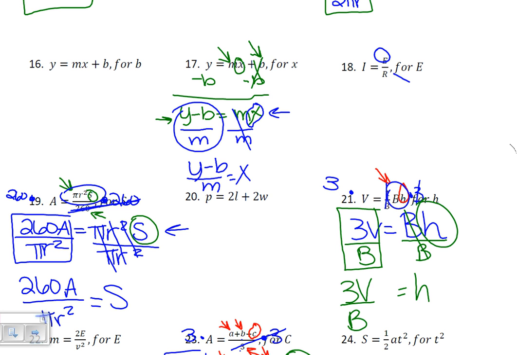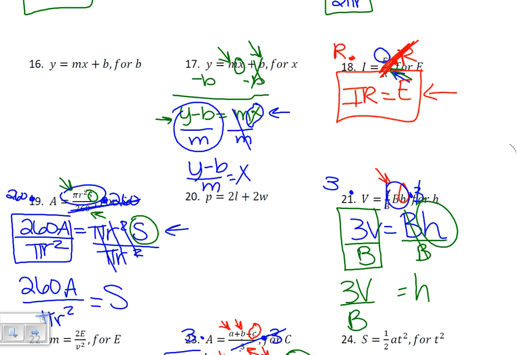What they did was they divided by R. So the opposite of dividing by R is to multiply by R. My R's will cancel out. R times I, I'm going to write IR just to put it in alphabetical order. My R's cancel, so I'm left with just E. I know this is my answer because the E is by itself.